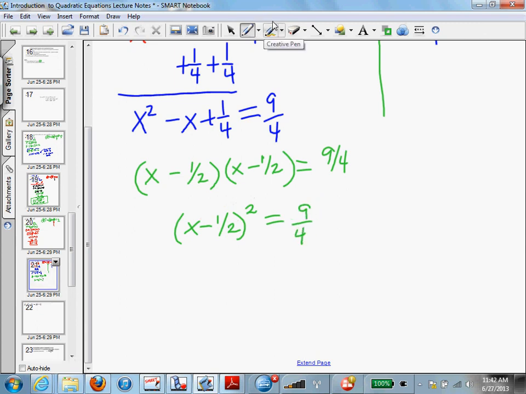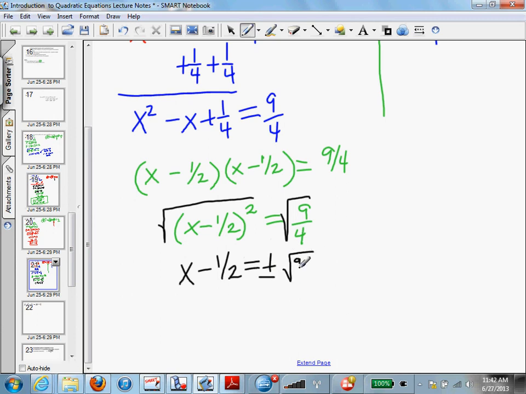As you can see now, we can easily use our square root property, making this x minus 1/2 come out of the radical, leaving us with plus or minus the square root of 9 over 4.